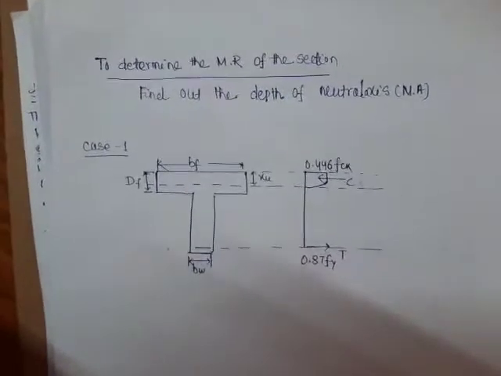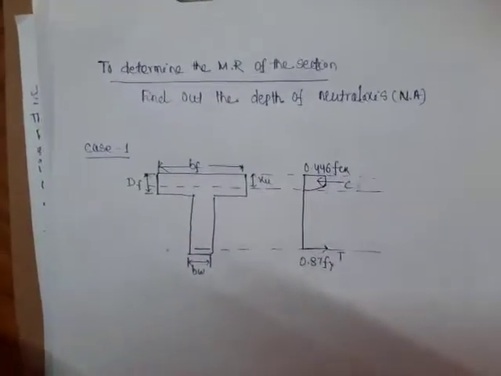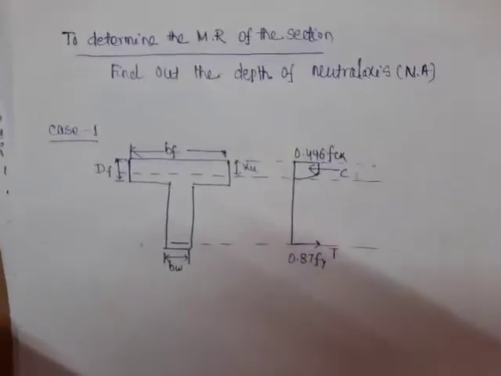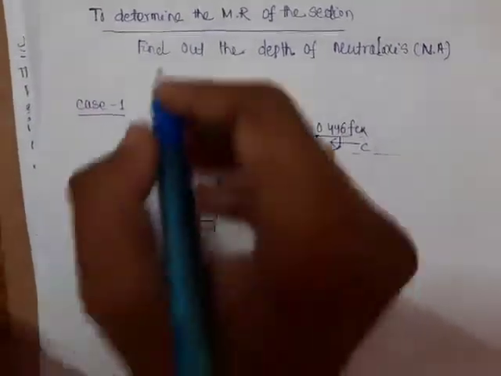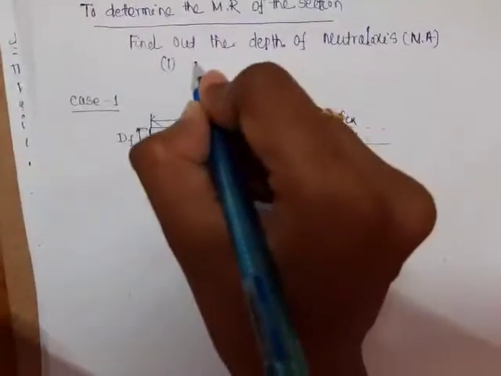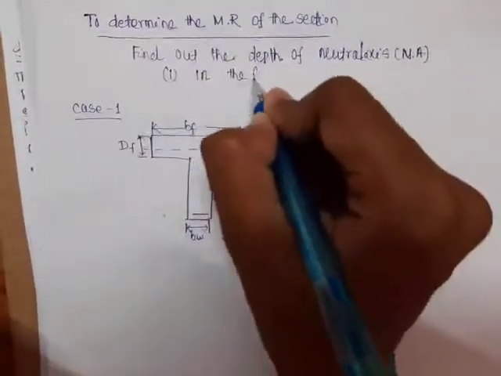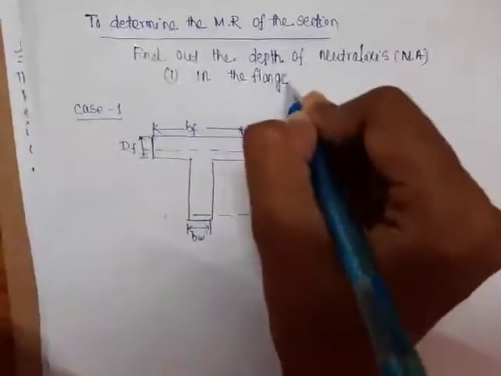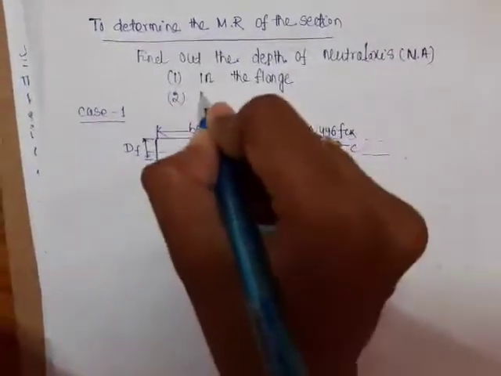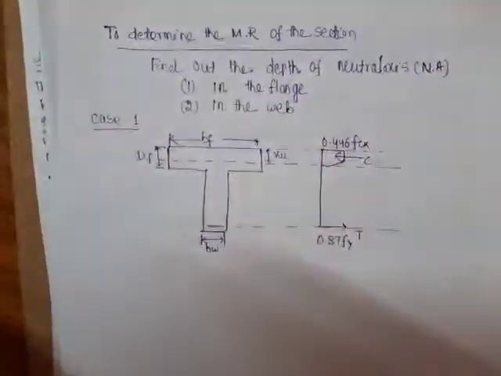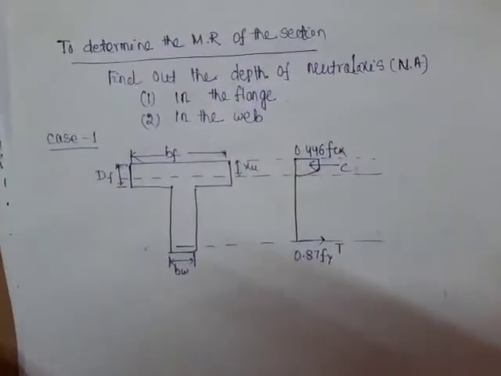So in case of a flanged beam, the neutral axis can be present in the flange or in the web. So there may be two cases.